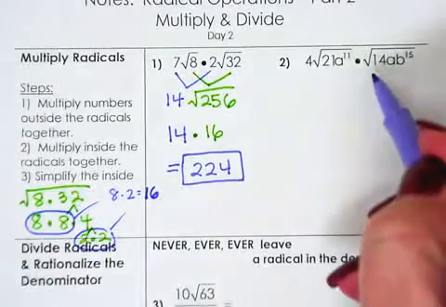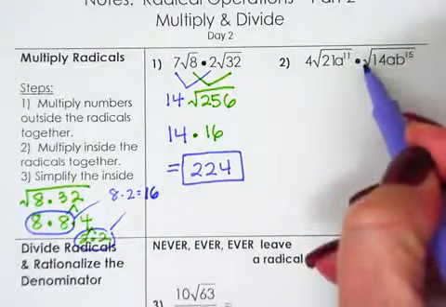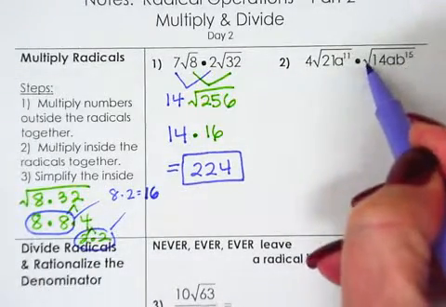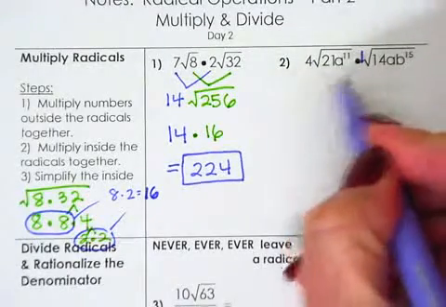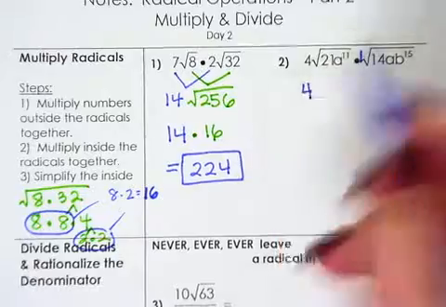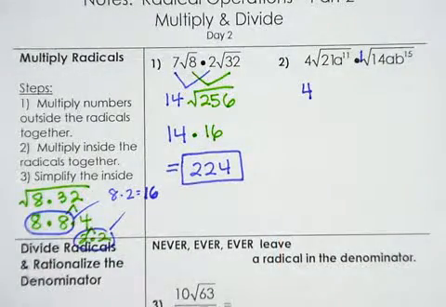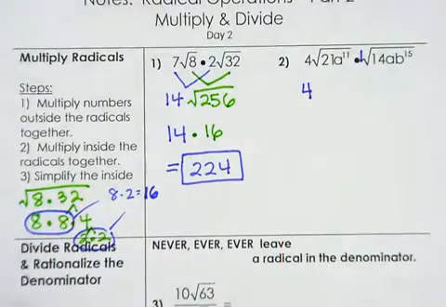Okay, number 2, same thing. We're going to take the outside terms. So the number in front of the second radical sign is just a 1. So it's 1 times 4, which is simply 4. On the inside, 21 times 14. Let me get my calculator to do that.